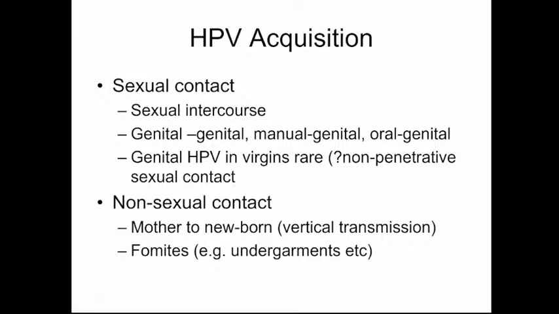And then, of course, there is non-sexual contact like mother to newborn or vertical transmission. Fomites, like undergarments or shared towels and so on, we really don't know, a possibility theoretically, but difficult to measure.